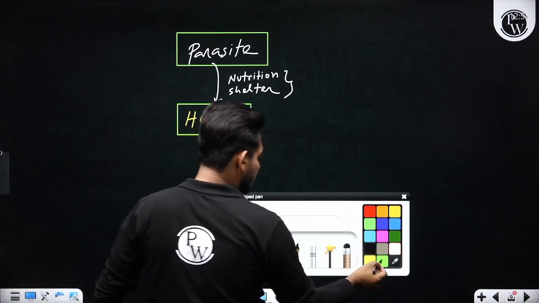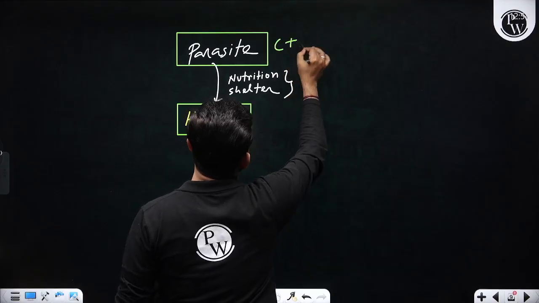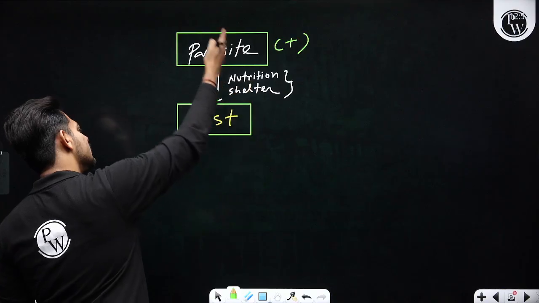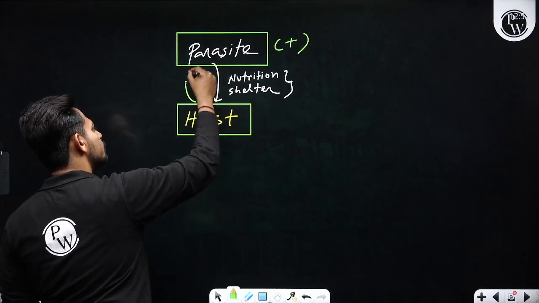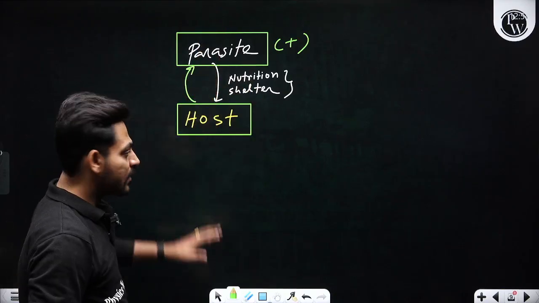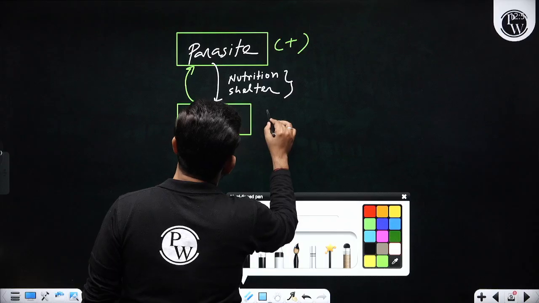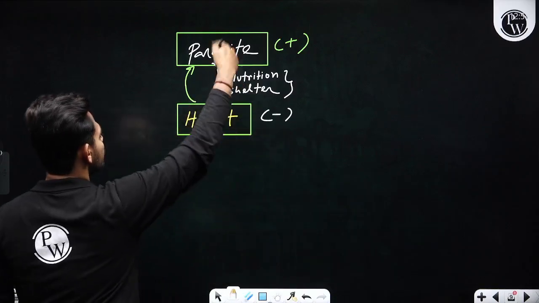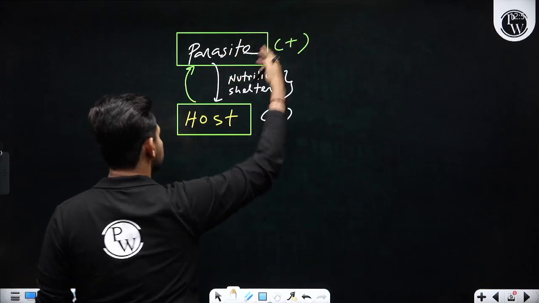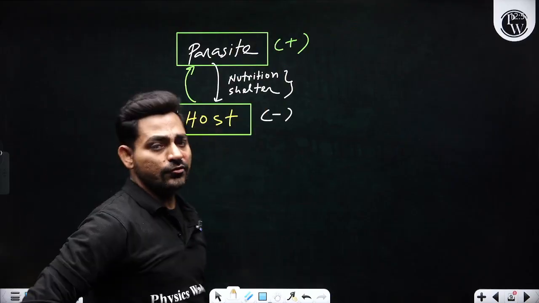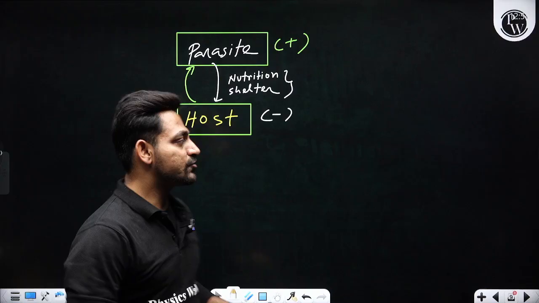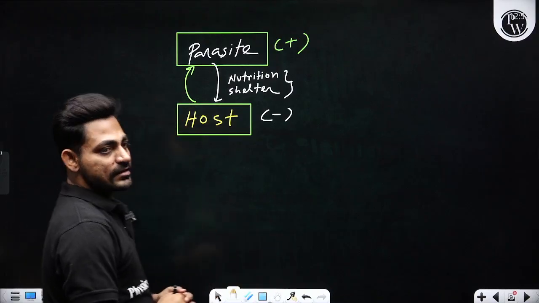So it's a gain for the parasite. The parasite is gaining nutrition and shelter from the host, but instead it's harming the host, so it's a loss for the host. So the parasite goes in a positive direction and the host goes in a negative direction. That is called host parasitic interaction.